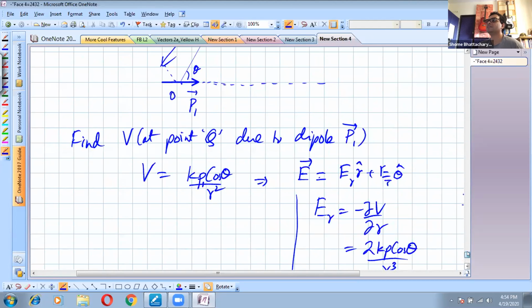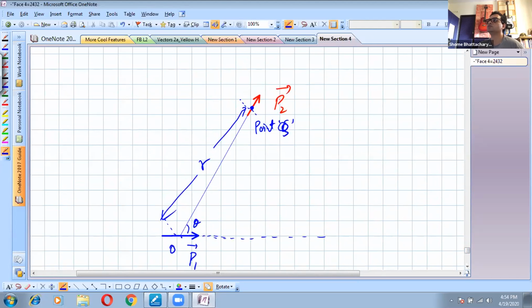What the potential tells me is that if I bring a unit positive charge from infinity to this point Q, the work I have to do is that potential. And that becomes the interaction energy of that unit positive charge with respect to this dipole P1. Now I'm not bringing a unit positive charge, I'm bringing two charged particles.